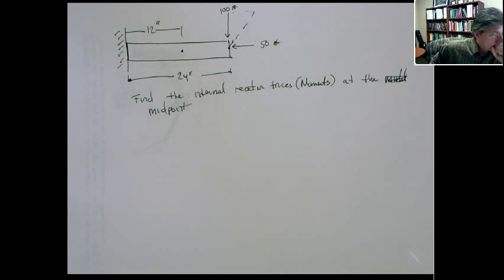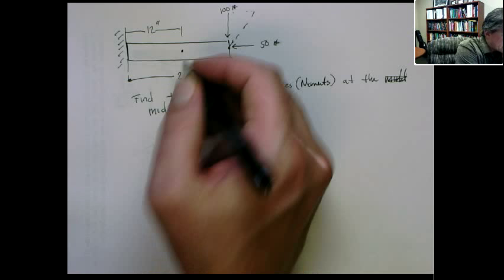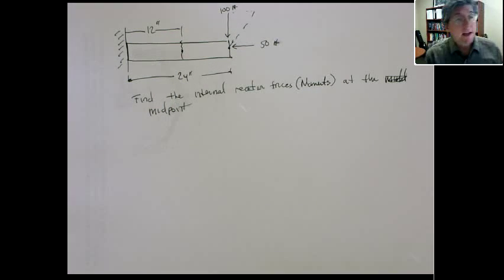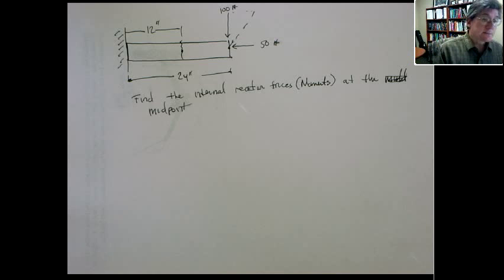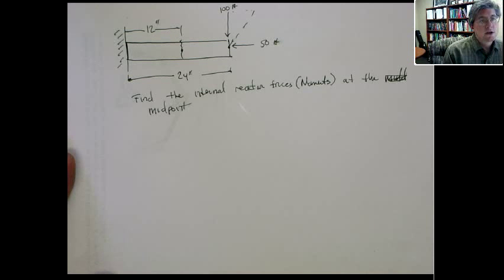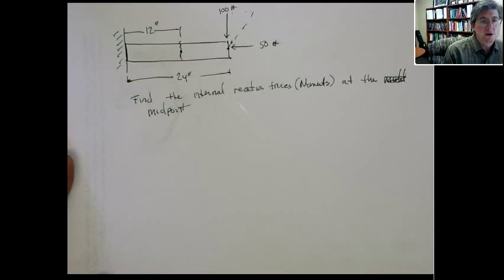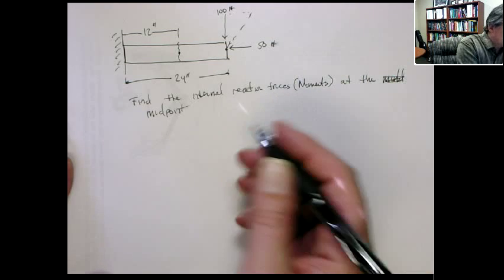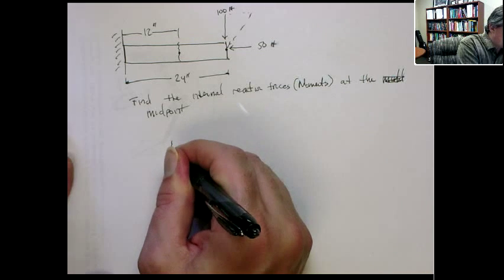Now, when we look at this, there's a couple of ways you can do this, and I'll go over this slowly. Obviously, we have to take a cut here. When I take a cut there, that exposes the internal reaction forces at the midpoint. Now, there's actually two free body diagrams that I can use to determine the internal reaction forces. First one, we'll draw the one on the right-hand side. It's a little easier to deal with.